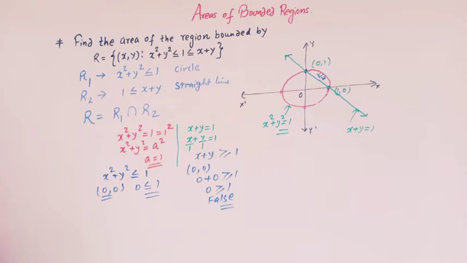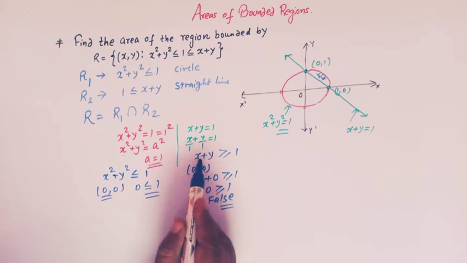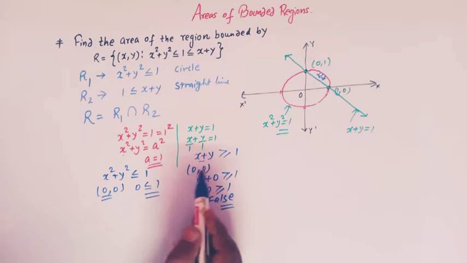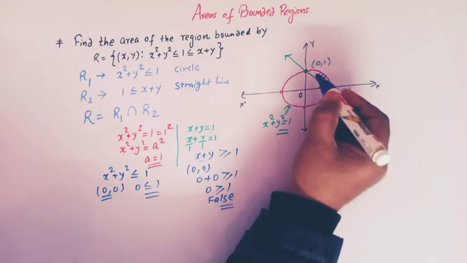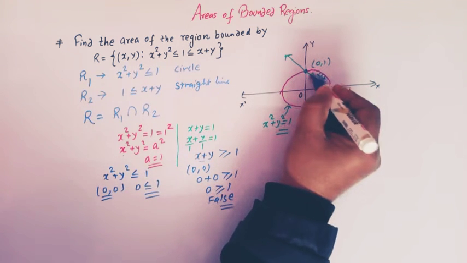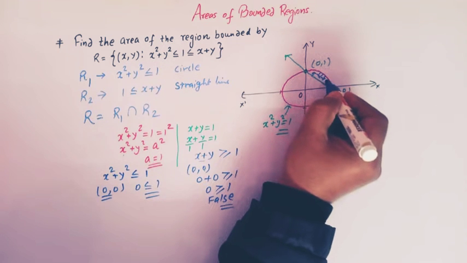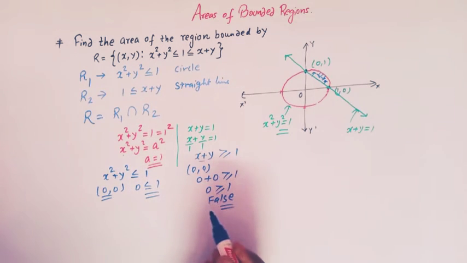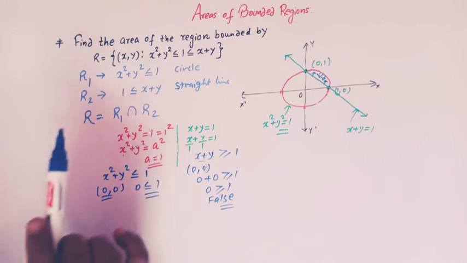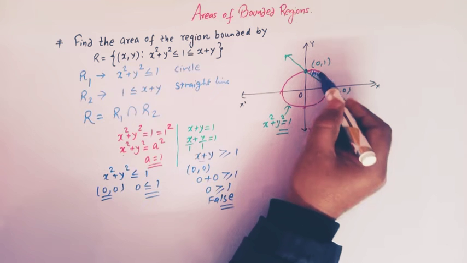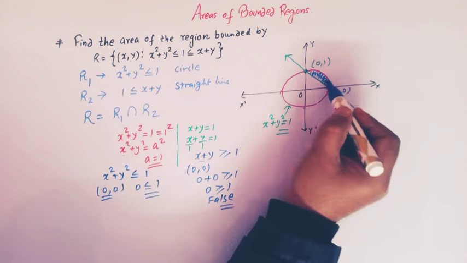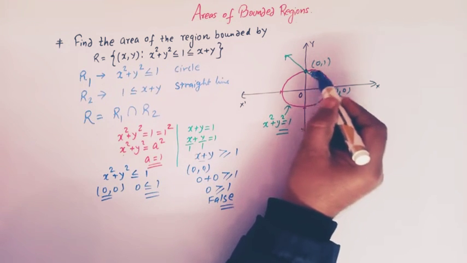So it implies that this inequality doesn't satisfy the point 0 comma 0. So the feasible region is the region which lies above this line. So we see that the region whose area is to be calculated is this region. So we have to find the area of this region.